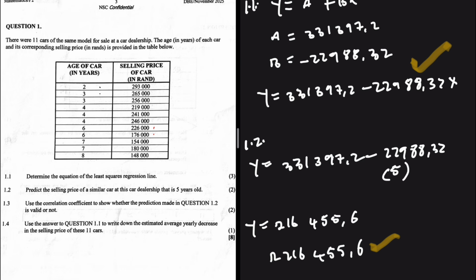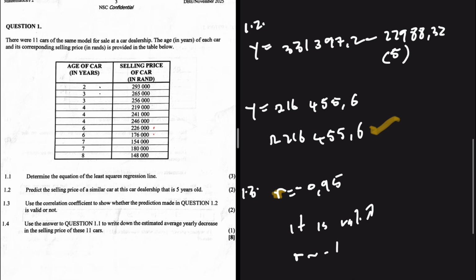The gradient, because the gradient is the average. So the answer to 1.4 is the gradient, 22988.32. That is the estimated average yearly decrease in the selling price of these cars.